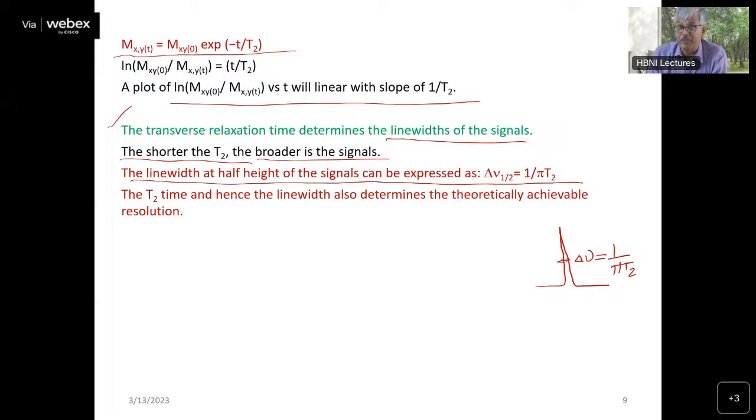Now, this is true only when your magnetic field is extremely homogeneous. Then only the frequency spread at half height gives you the T2. It's a very simple way to measure the T2.